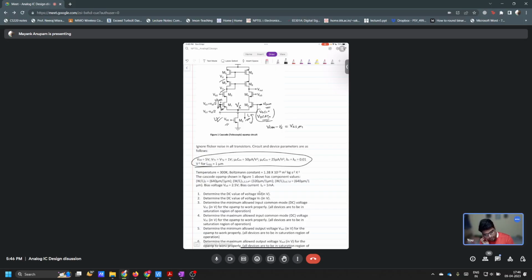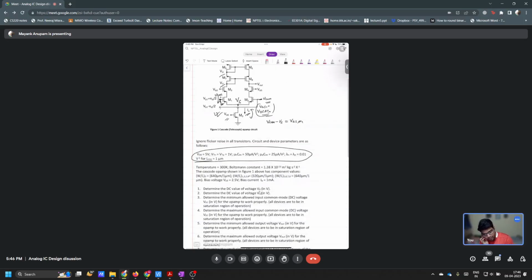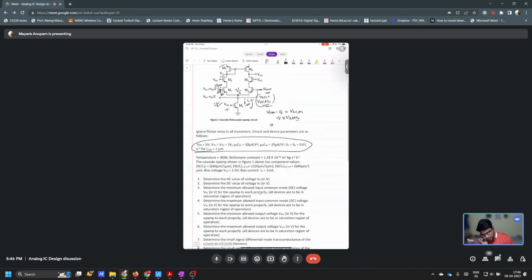And VS has to be greater than or equal to VDSAT0, correct? So let's see, VCM minus VDSAT0 has to be equal to VGS of M1. So VCM can go a minimum of VGS of M1 plus VDSAT0.